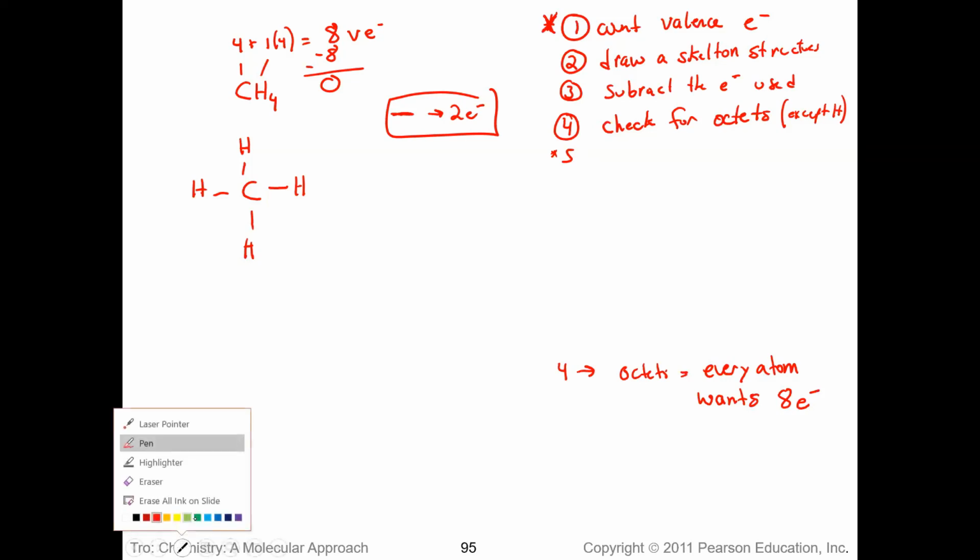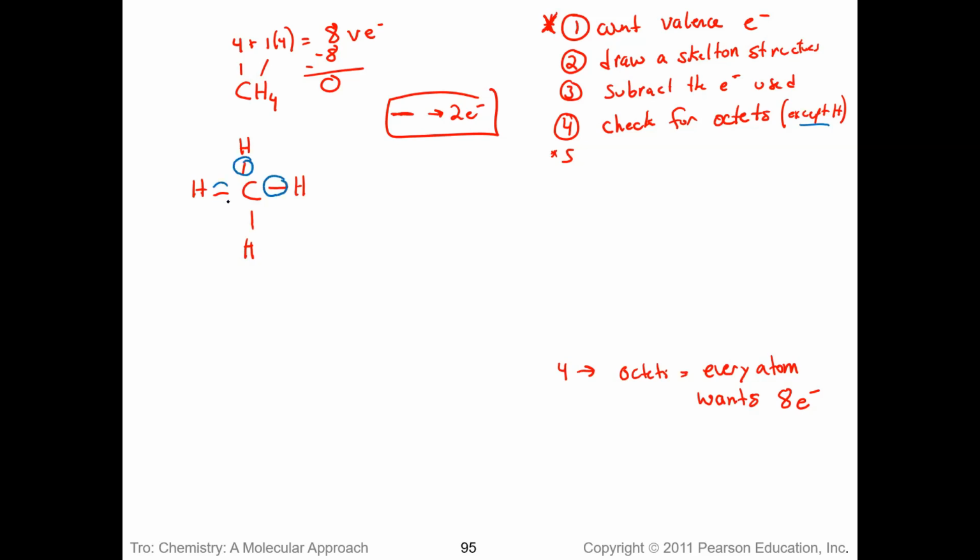At carbon here, we'll do blue. Carbon has 1, 2, 3, 4 bonds, and remember each bond is 2 electrons, which means carbon has 2, 4, 6, 8 electrons. Every atom wants 8 valence electrons.